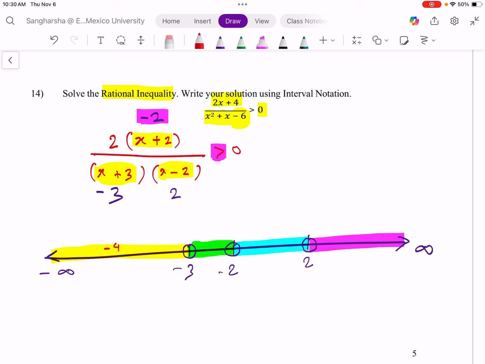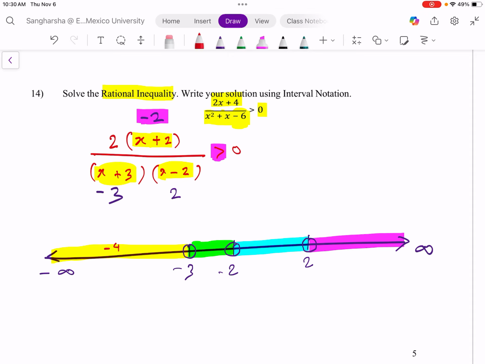You replace every x by negative 4. So negative 4 plus 2 is negative 2, times 2 is negative 4. So we have negative 4 here. Negative 4 plus 3, negative 1. Negative 4 minus 2, negative 6, times negative 1, positive 6.